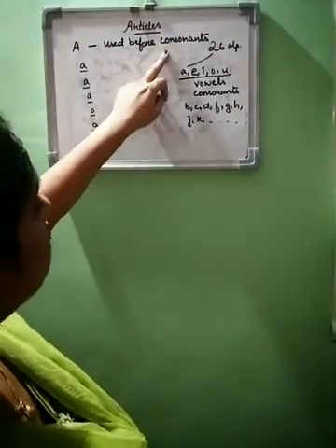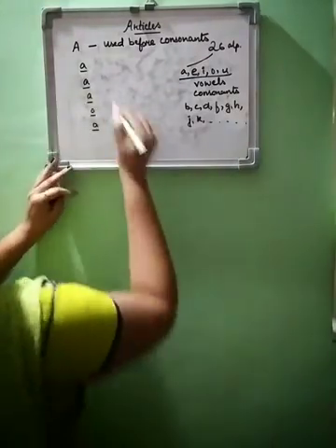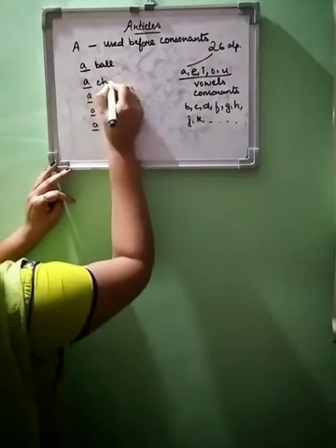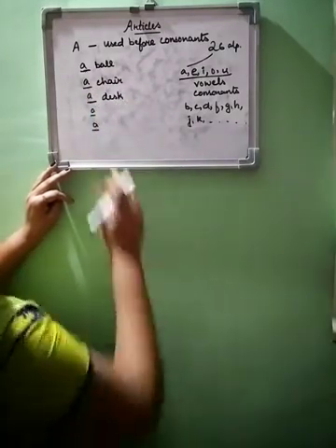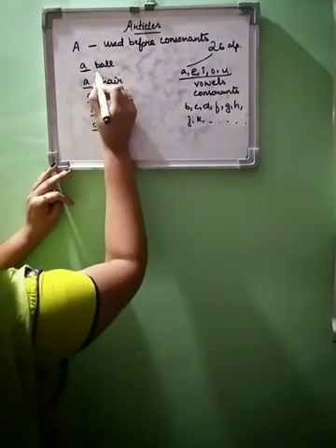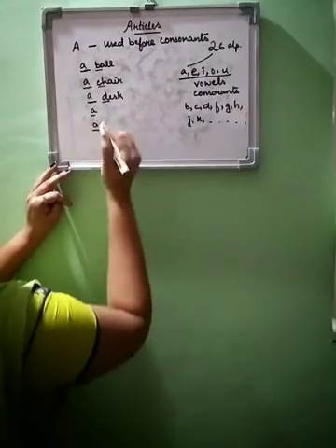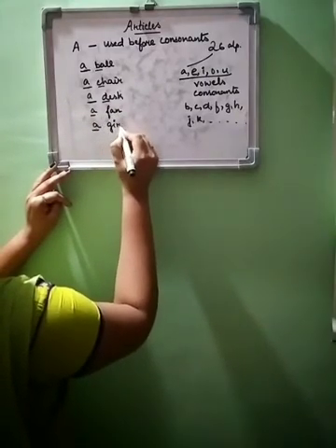Now, how many words can we make with the consonants? For example, ball, chair, desk. See, all are consonants, starting with B, C, D. Then what else? Fan, yeah. Then giraffe.